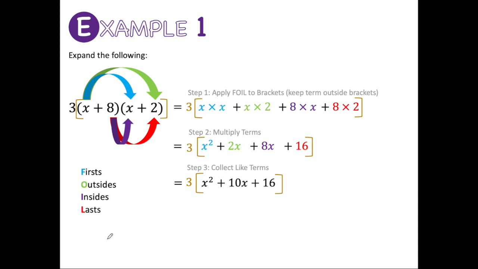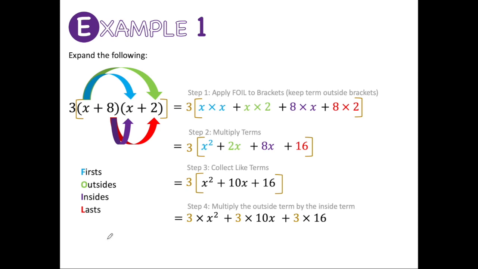So now I've got a term outside and 3 terms inside my brackets. And to get my final answer, I need to multiply my 3 by each of the terms inside the brackets. So my next step is going to be equal to 3 times x squared plus 3 times 10x plus 3 times 16. So I'm now applying a second lot of distribution to this question, this time a single term outside of a set of brackets.